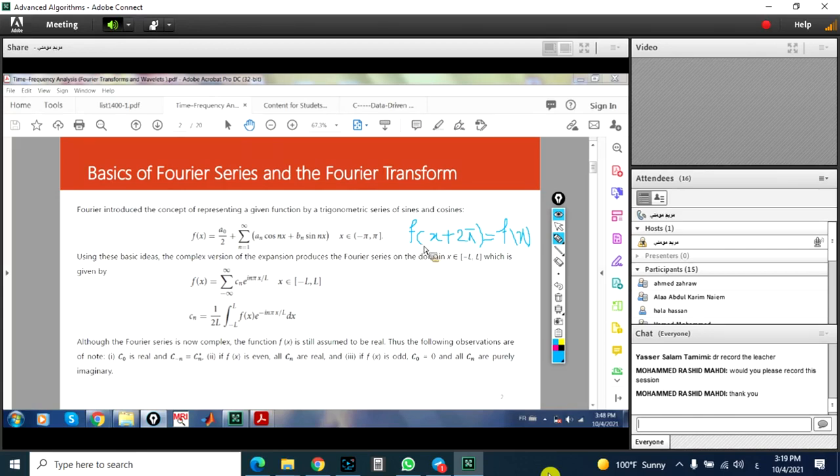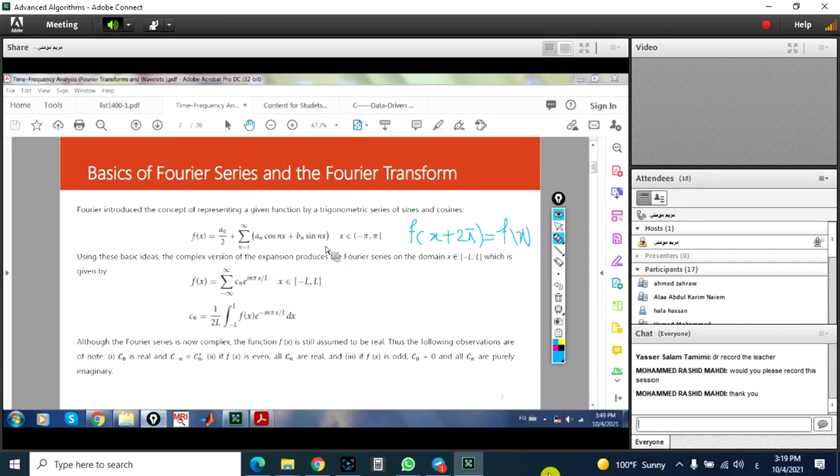Okay, and in that course we said that we can represent this f(x) with a constant plus a series of sines and cosines.